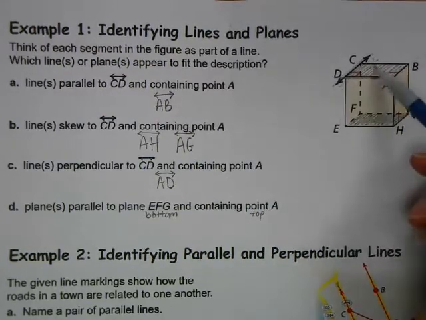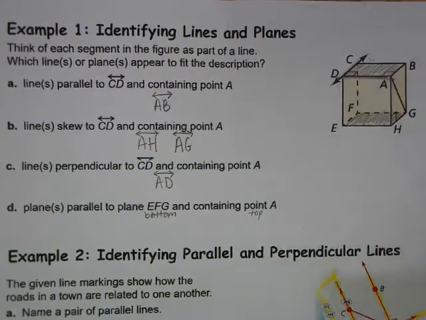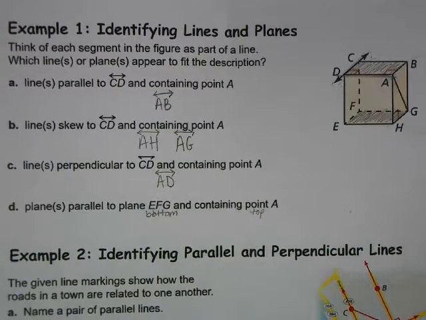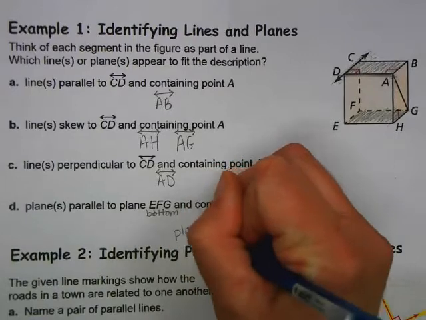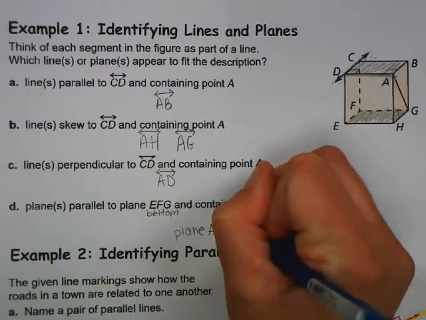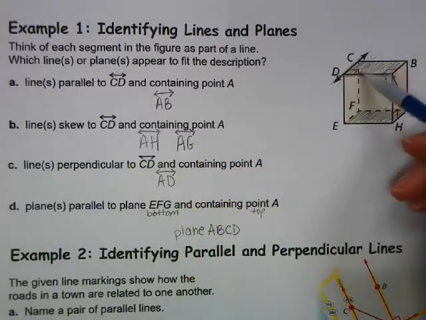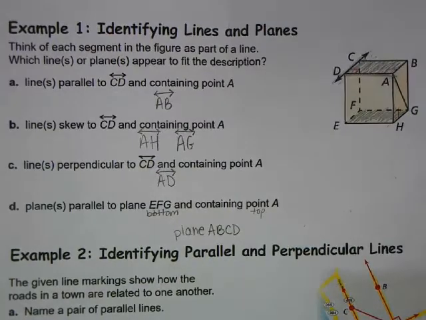As long as you use any 3 points on that plane to name it, then you are fine. So you can call it plane ABCD if you need to, just to remind yourself that it's the top plane of this diagram.